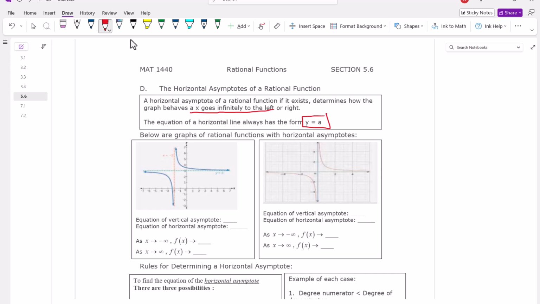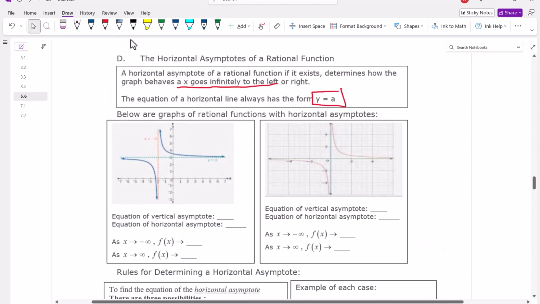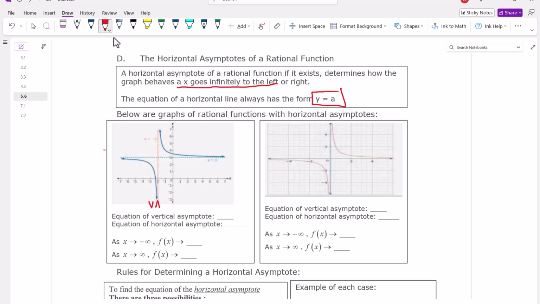So on this one here, you're going to have a vertical asymptote at x equals -2. Okay, and the horizontal asymptote is going through y equals 3.